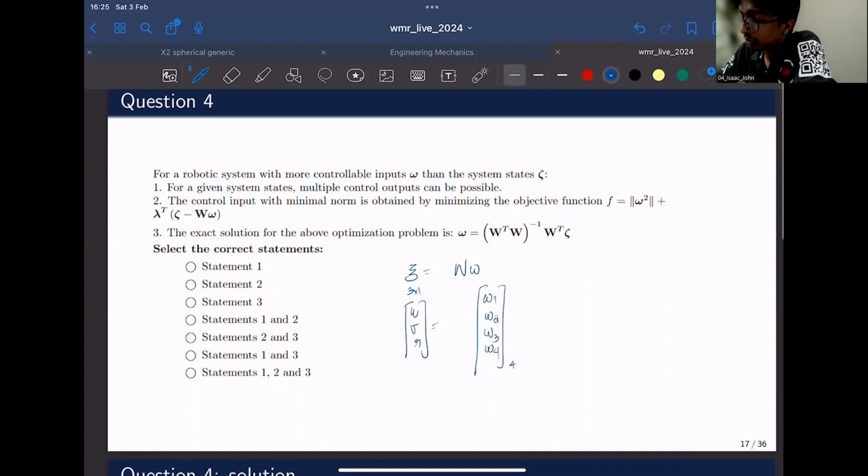So this could be 4 cross 1, this could be 3 cross 1, and W would be 3 cross 4. Right? So this is a wide matrix, fewer rows than columns.